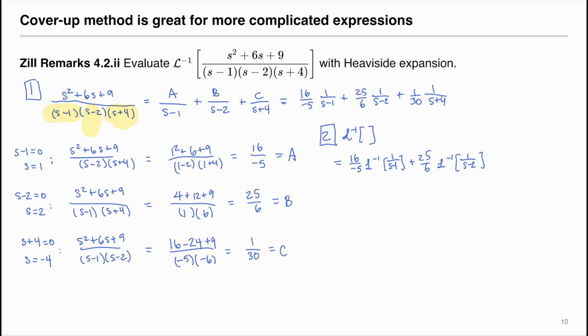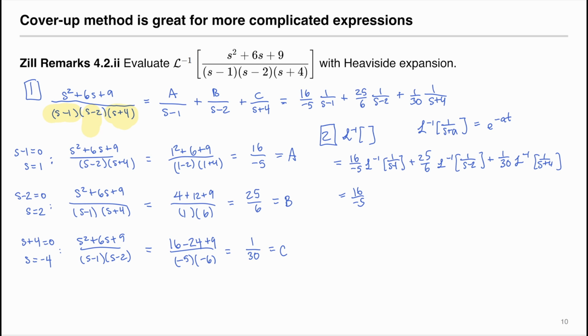Rewriting this for clarity. And then again, we use the property that the inverse Laplace transform of 1 over s plus a equals e to the negative at. Just be mindful of the sign.